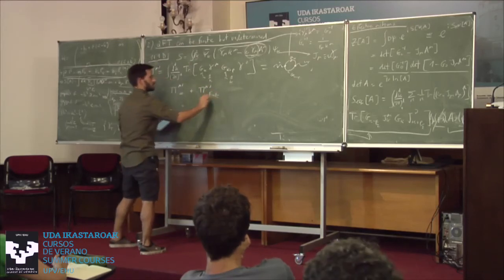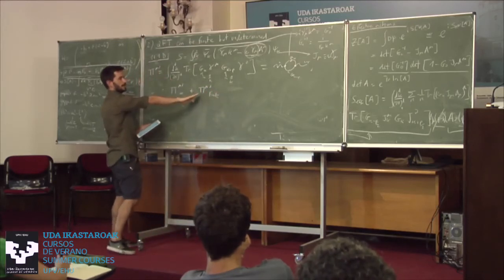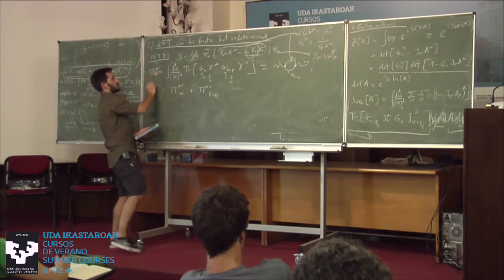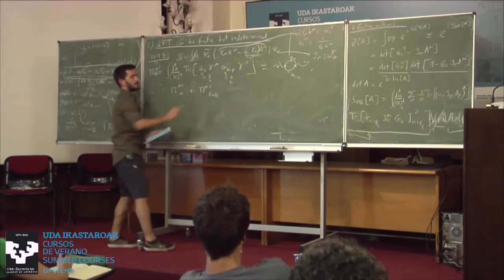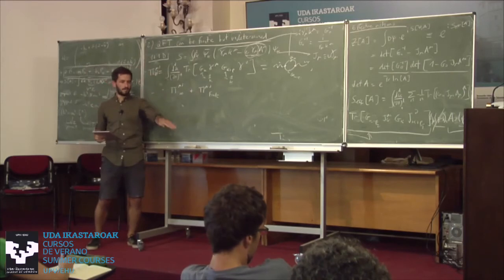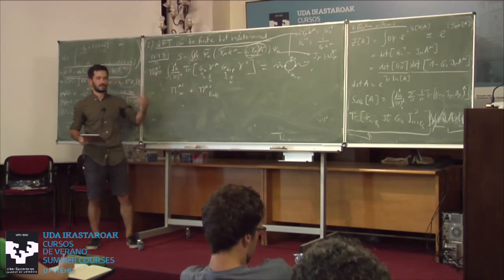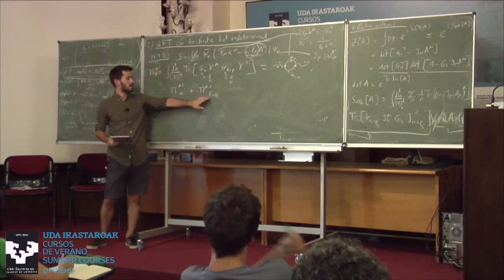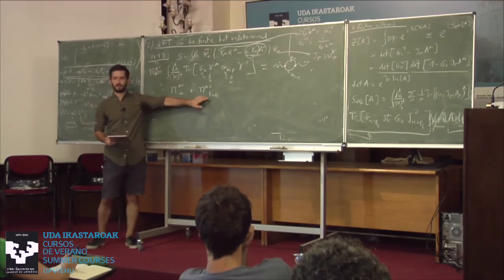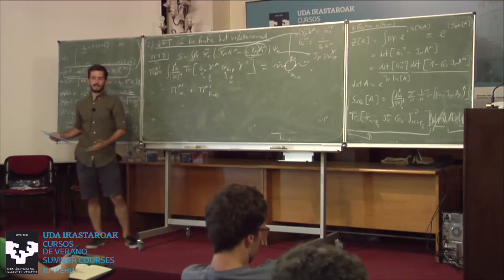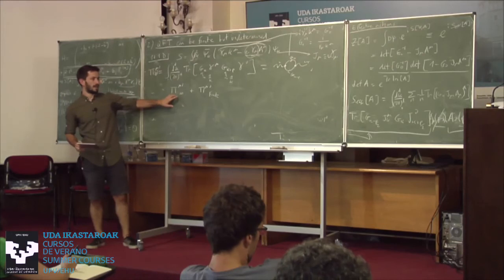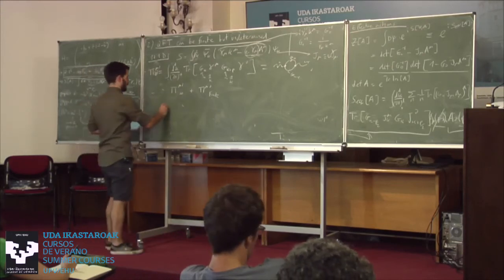I can decompose it into some part that, so note that this depends on P, by the way, the external momentum. It's like I'm shining light with a momentum P and seeing what the current is. So I can decompose it into a finite part, a part that I don't need to regularize, and a divergent part.